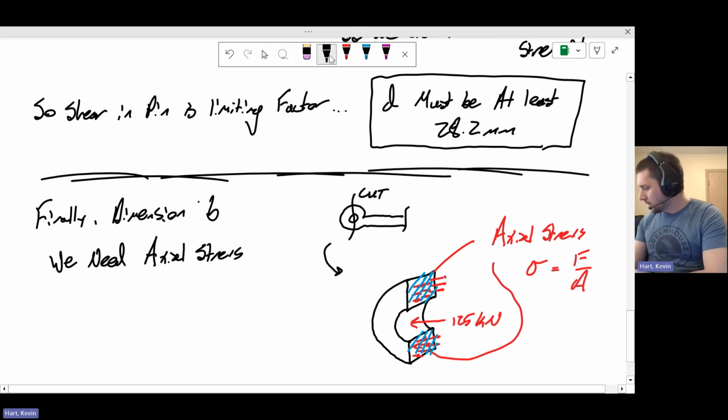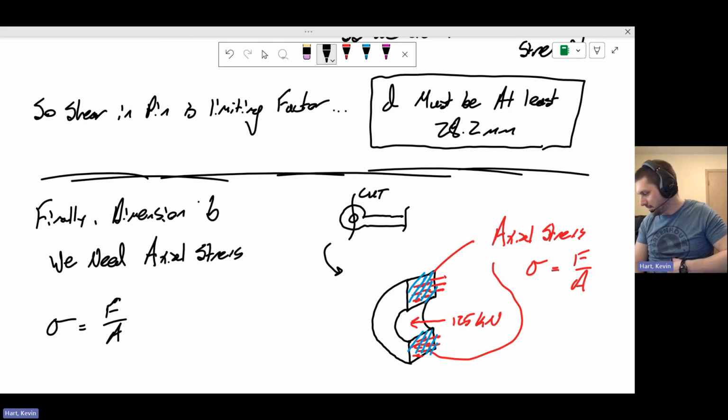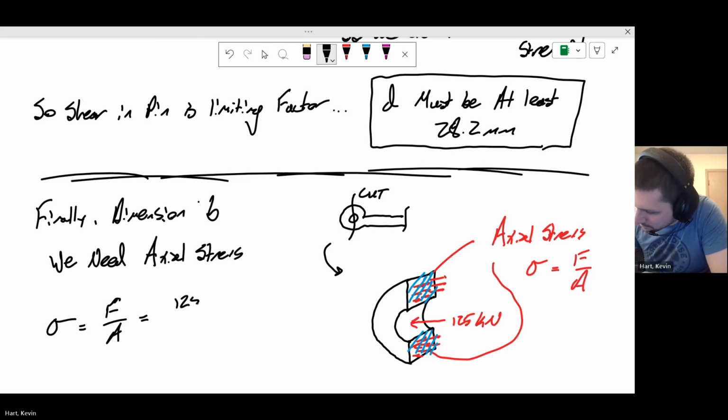So here we have our situation of this being a force divided by a cross-sectional area. And the question is, what is our cross-sectional area? Well, in this case, my force is 125 kilonewtons. And what's the cross-sectional area?